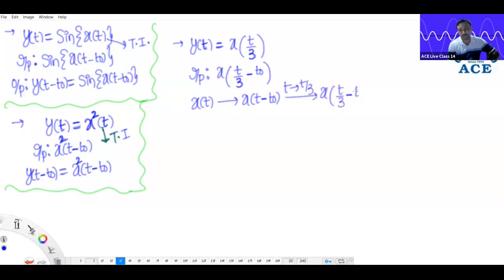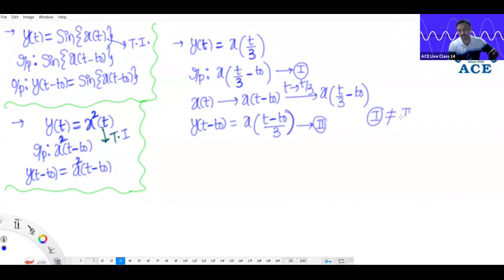The direct output shift is different. If you take the direct output delay, the answer is different. These two are not equal, so the system is variant.